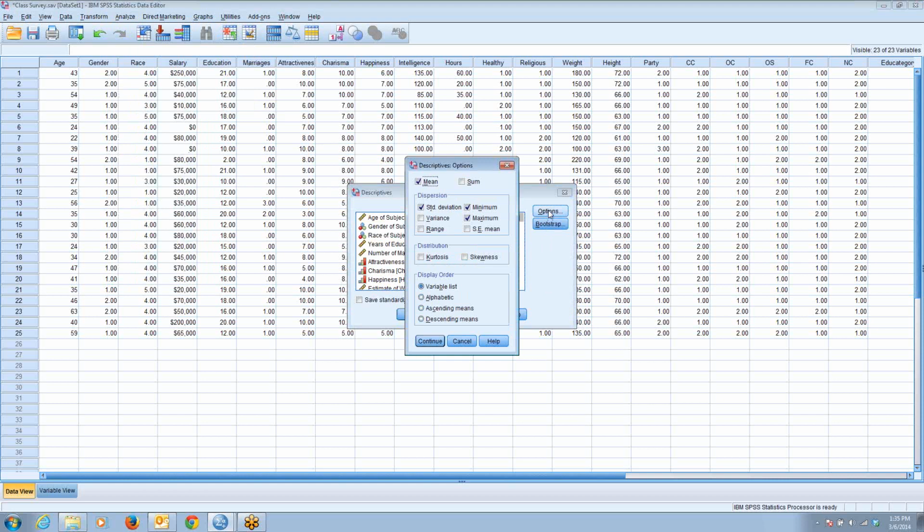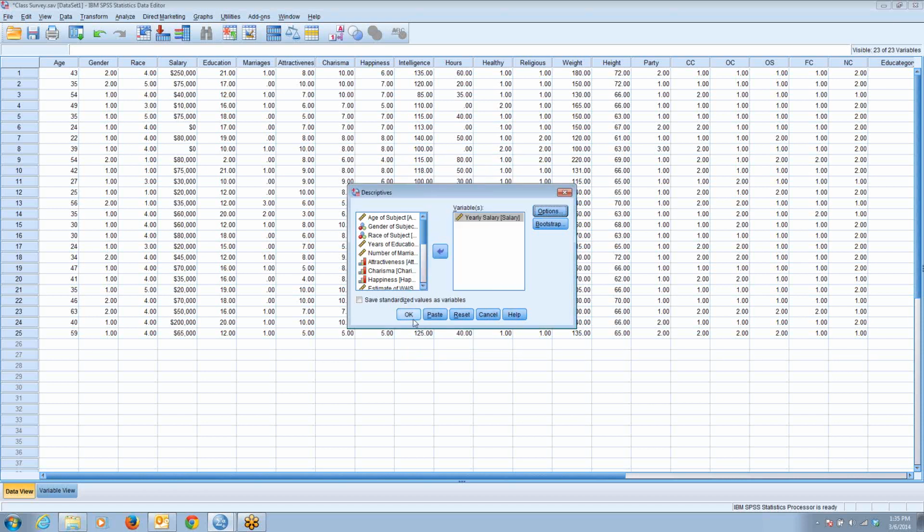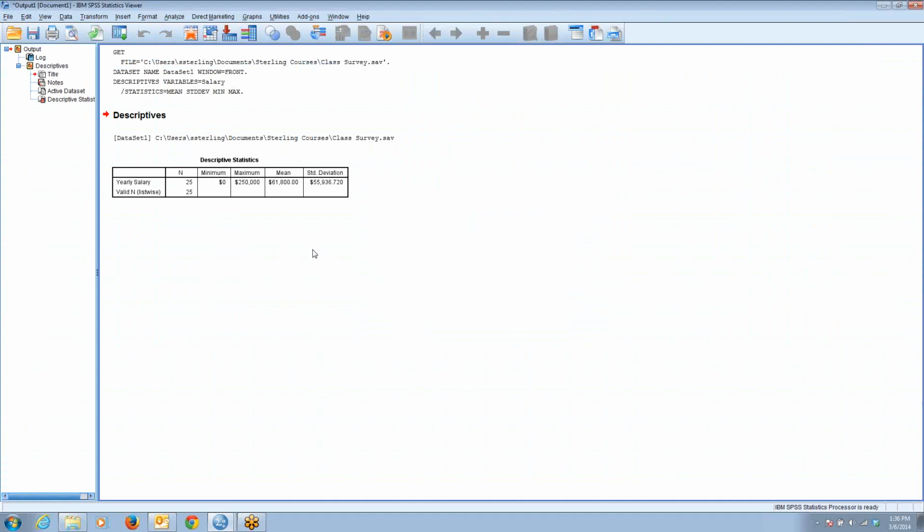Now, when we go to Options, it automatically checks the mean, the standard deviation, the minimum, and the maximum. And I think that should be enough for our purposes. Now, you can put more than one variable on here, but just for simplicity's sake, we'll start just with salary and click on OK. And what you can see is the minimum salary is 0 as someone who's unemployed.